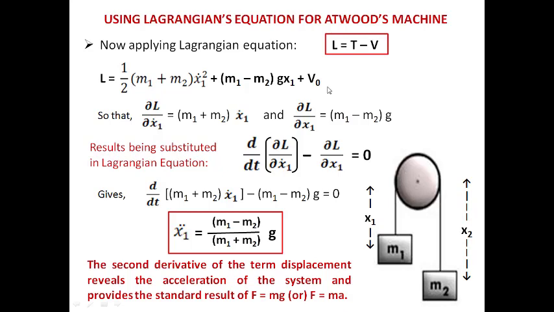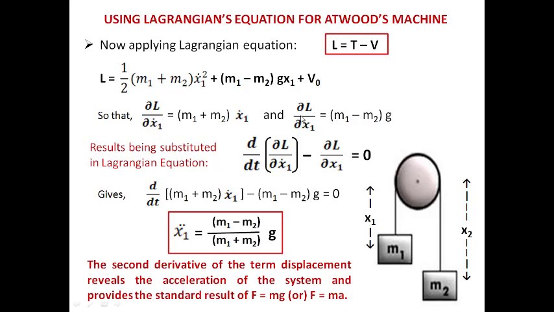Now we differentiate the term L with respect to x1 prime. In this case, the first term will come: 1 by 2 times m1 plus m2. If I differentiate x1 prime squared, I get the term dou x1 prime by dou x1 prime, so the two cancels, and I get the final term m1 plus m2 into x1 prime.